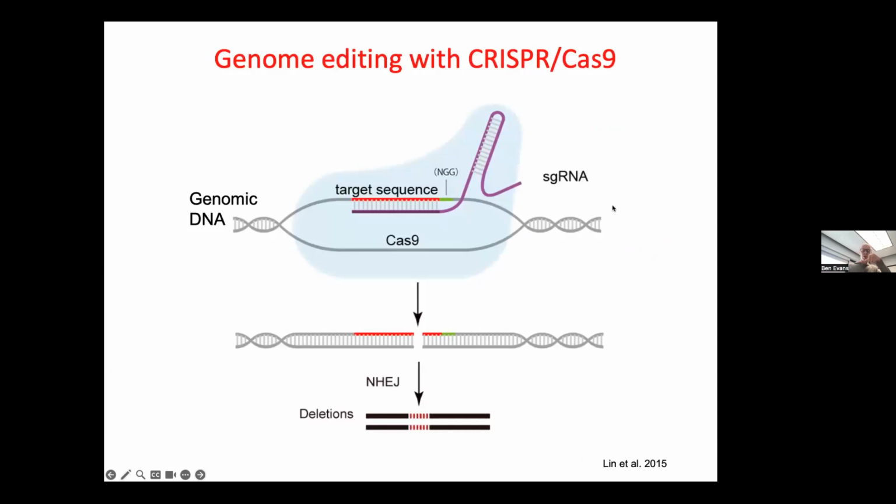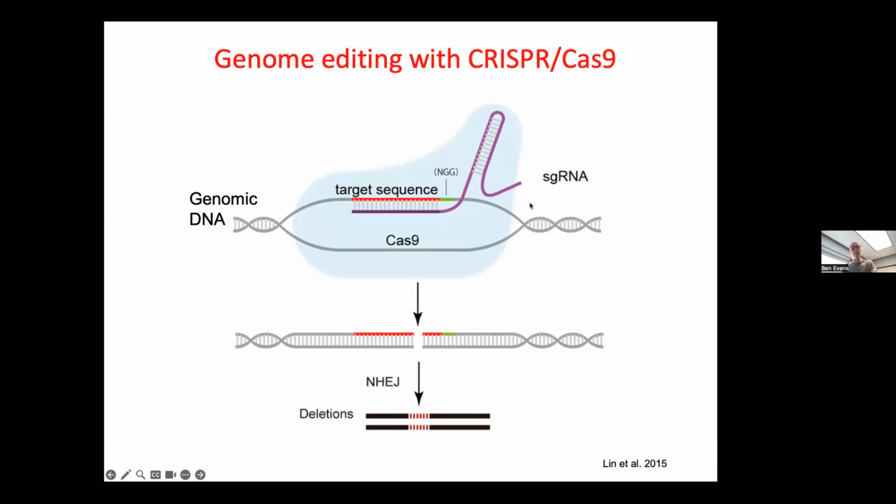And so to explore this system, we've been using genome editing with a CRISPR-Cas9 system. Just briefly, I think many of you have probably heard of this. There's a protein that was isolated from bacteria that forms a ribonucleoprotein complex with what's called a single-stranded guide RNA. This guide RNA has a recognition sequence that can target a particular portion of the genome for cutting.